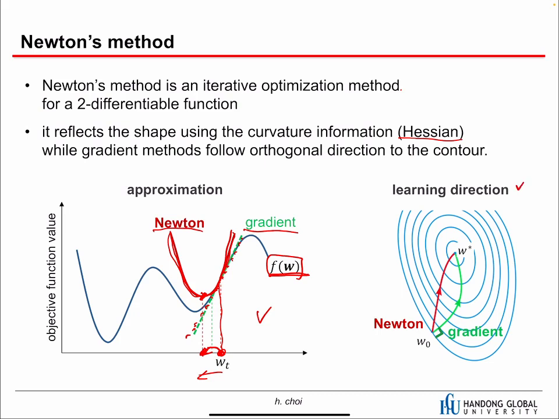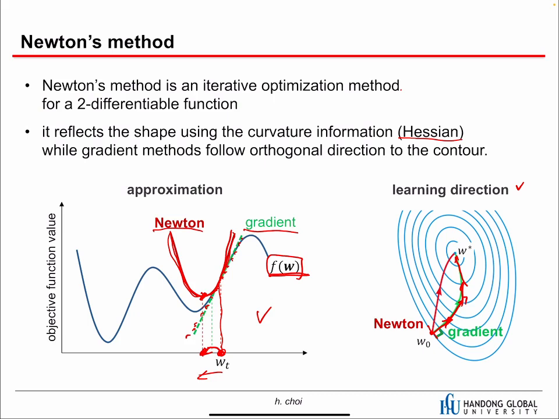So let's take a look at this figure. We are here, and the gradient direction is always orthogonal to this contour. So we take one step, and then we find another orthogonal direction from this point, and then we take another step, and then we have to take an orthogonal direction again. This is how a gradient method works.